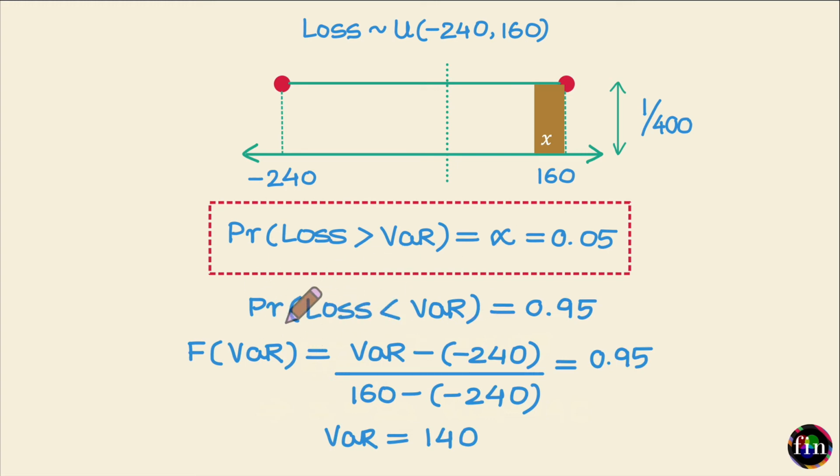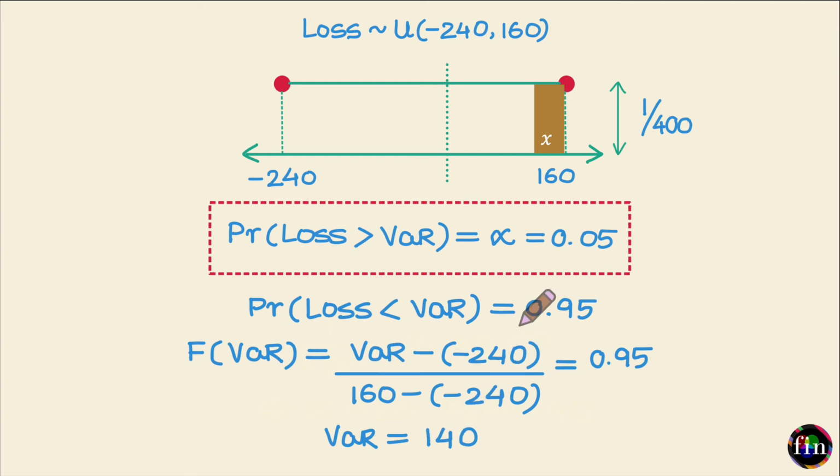So this probability is simply the CDF of my loss worked out at this value, which is VAR. I want this CDF to be equal to 0.95. For uniform distribution, recall that CDF is given by the specified value minus the left endpoint, the whole thing divided by the distance between the two endpoints. Equate this to 0.95 and convince yourself that this approach also gives you VAR equal to 140.